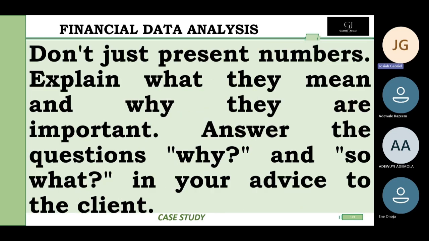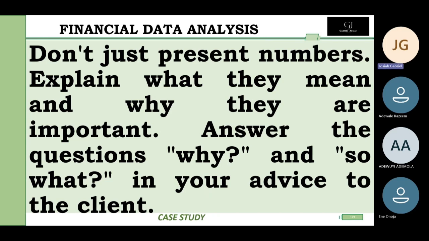So don't just present numbers. Key. Numbers are not enough to pass case study, and numbers will not help your audience or your client or whoever it is has engaged you in the job. So don't just present numbers. Very importantly, explain what they mean and why they are important. What do they mean? That's essentially what the case study is about.